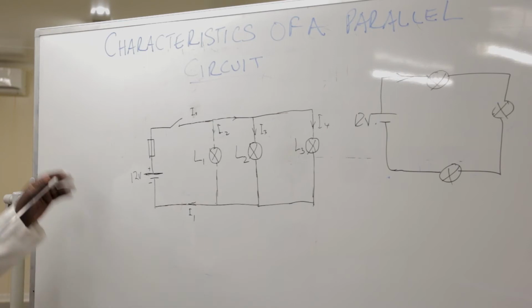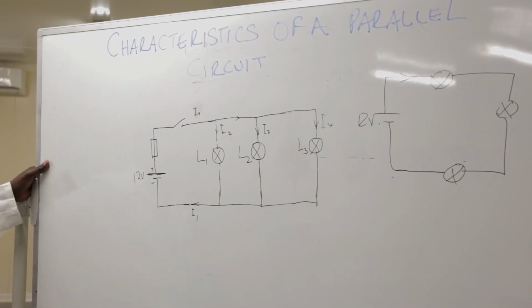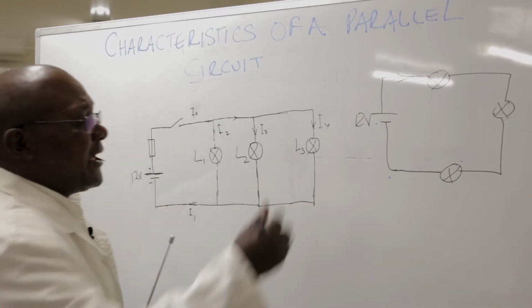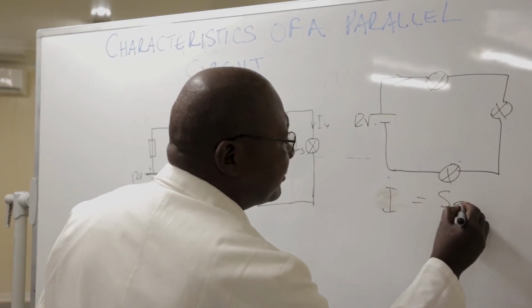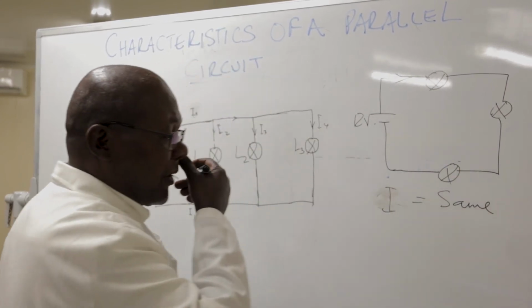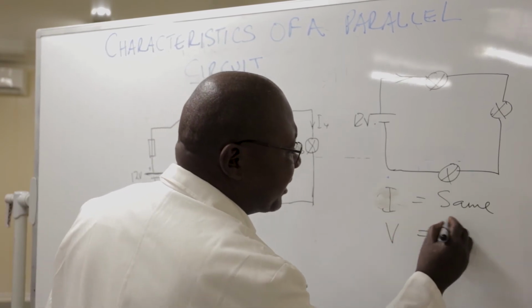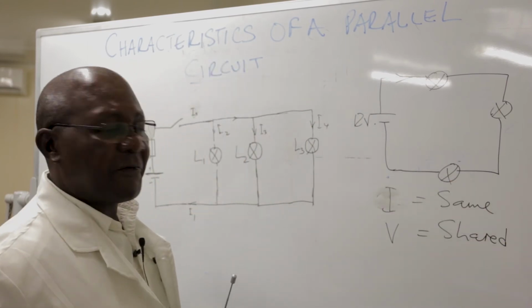But we shall have to prove it with the actual model, like we did with the series circuit. What we are saying is, in the series circuit, the current is the same through all the loads. The voltage is shared depending on the resistance of the load.